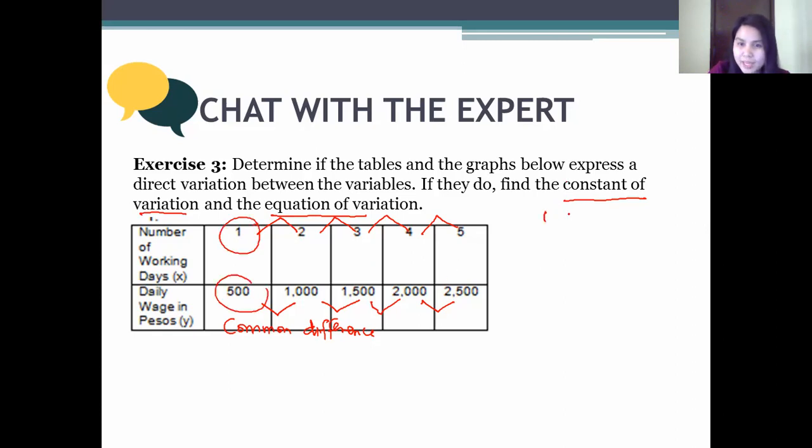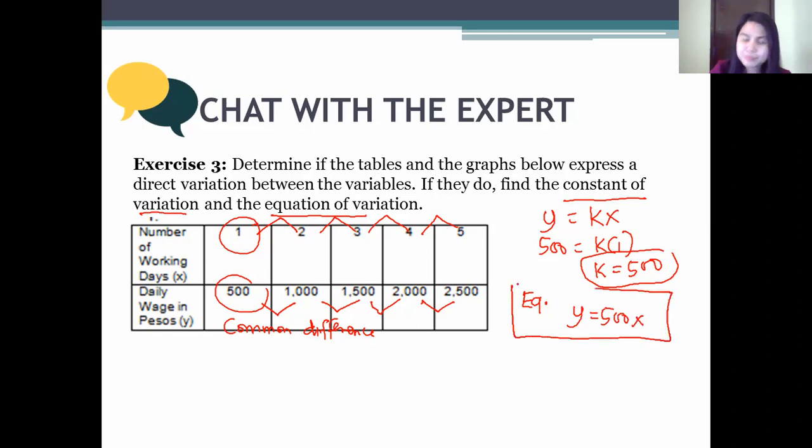So y equals kx. 500 equals k times 1. So the value of our k is 500. This is now our constant of variation. Let's solve for the equation. The equation of variation is y equals 500x.